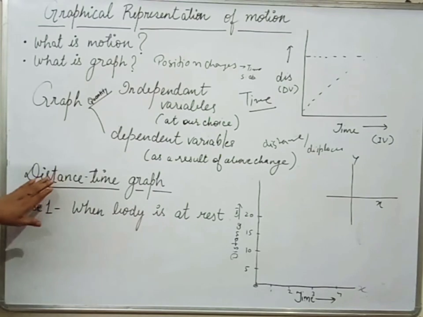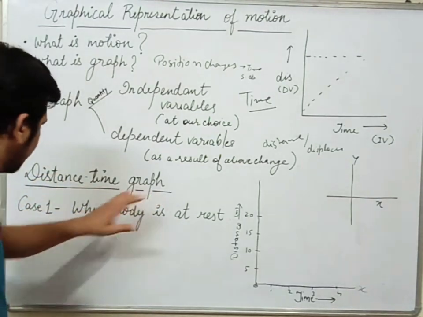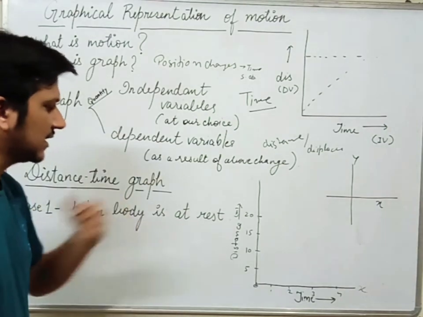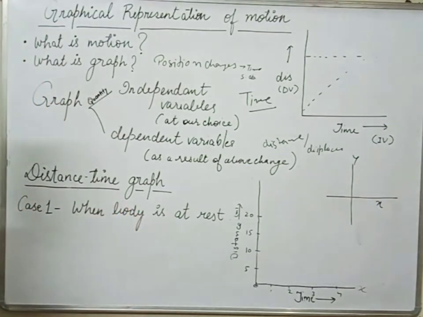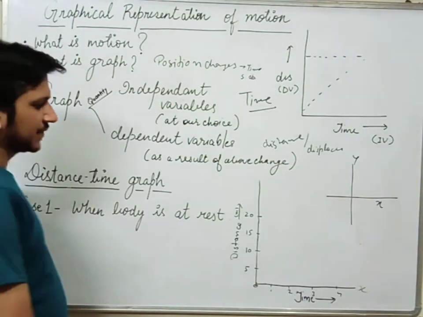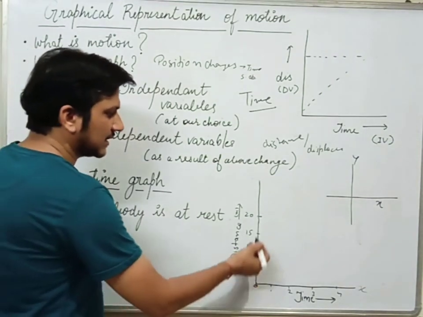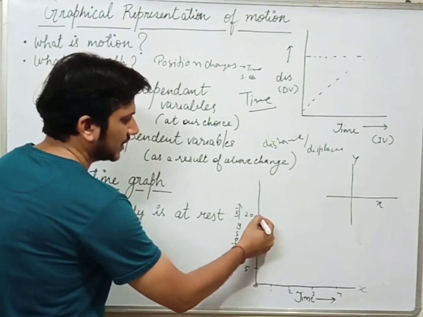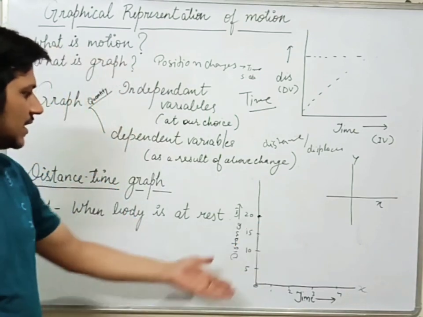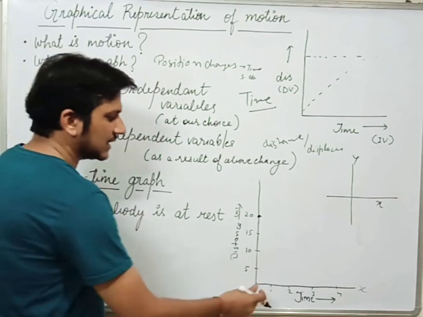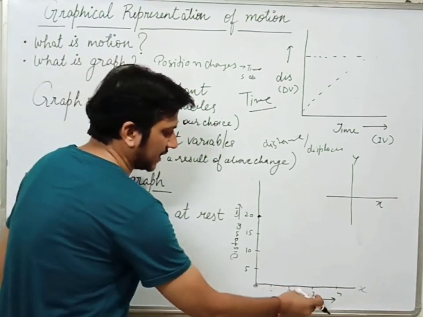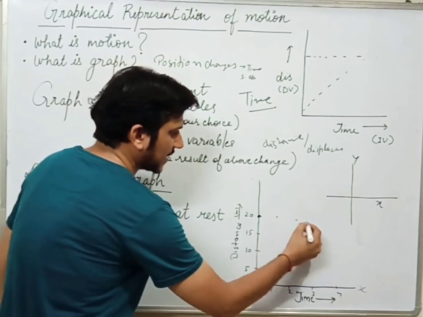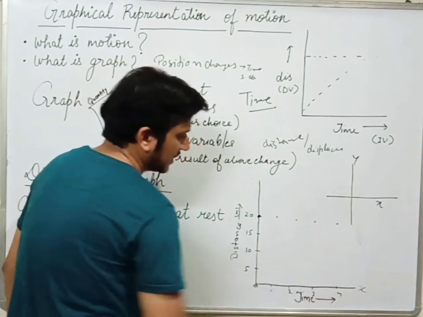Now we will discuss the distance-time graph. The first case, when the body is at rest. Suppose a body is at rest at a distance of 20 meters from the origin. At different instants of time, the position of that object will remain the same.